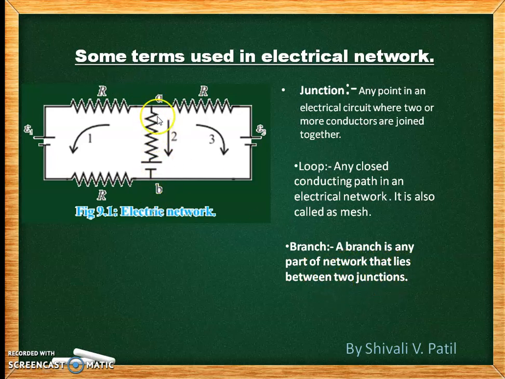There are two junctions, A and B. So here is one branch: R, cell of EMF E1 and again R. The second branch is this resistor and cell and to B. The third branch is this R, cell of EMF E2 and again to B. Between these two junctions A and B, there are three branches, 1, 2 and 3, as shown in this figure.